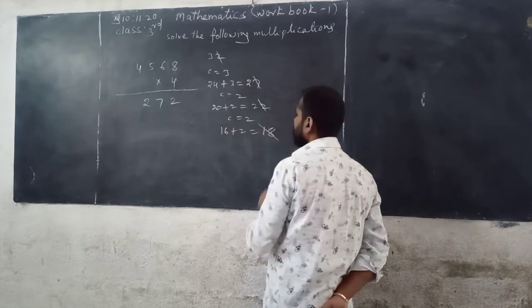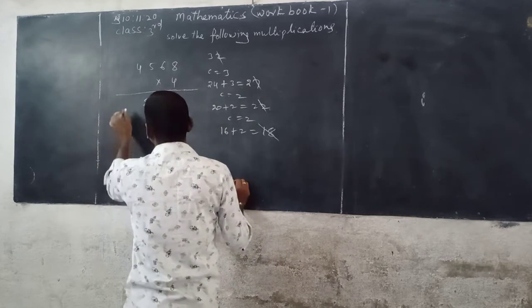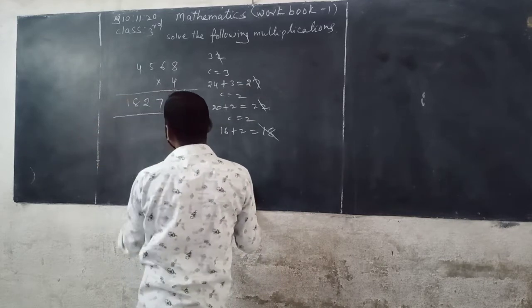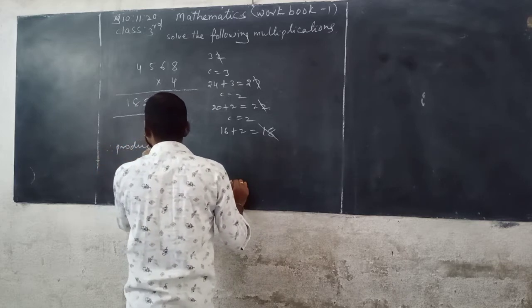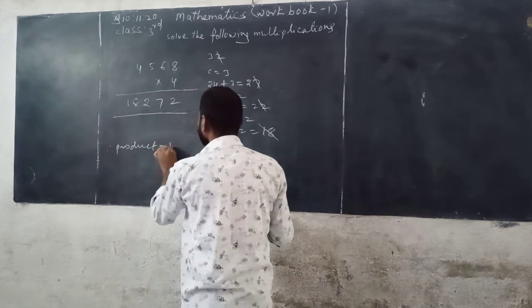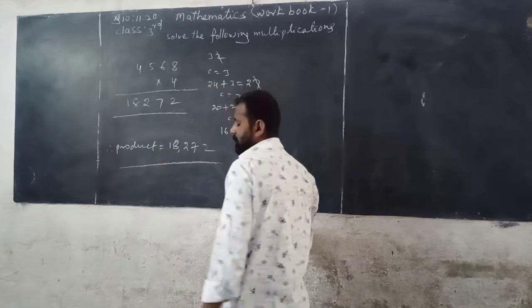You get 18. This is the last digit of the given number, so you can write 18 here. Therefore, the product is equal to 18,272.